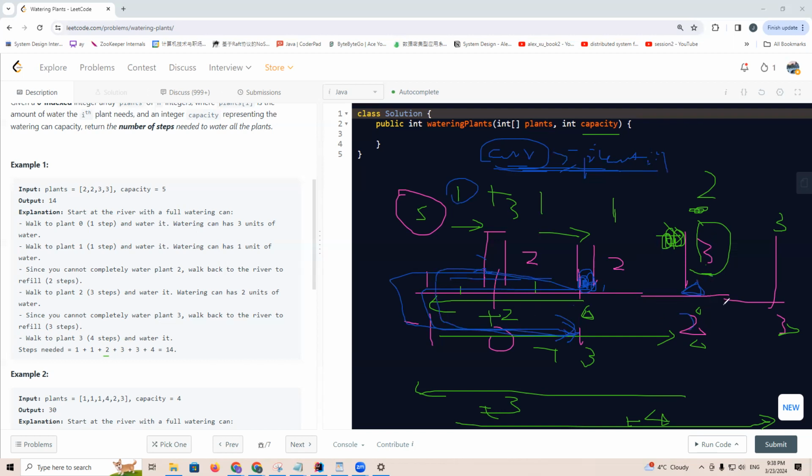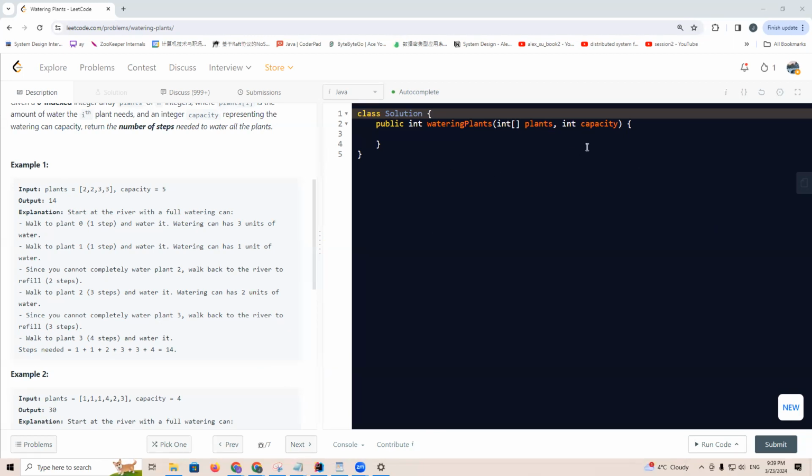So if at index 2 there's not enough water, we add 2 multiplied by index, and then we use our capacity minus plant again. And also for this one, we need to plus one, right? So if at a stage we find our water is not enough, we add 2 multiplied by index. After this analysis, we can write the code.